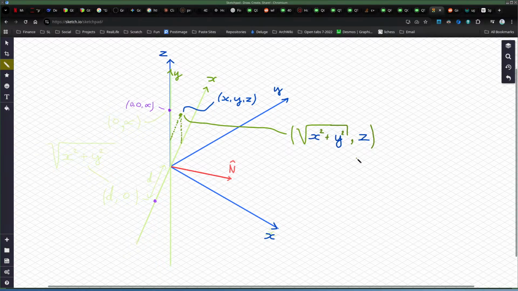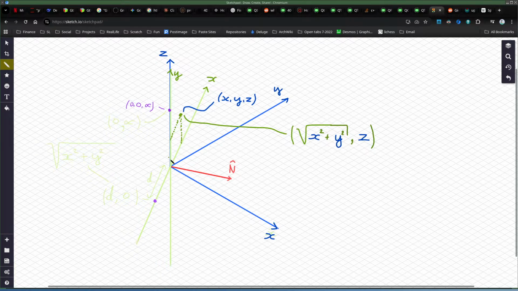And then a point in the xy plane, like this point, we want to have, let's say, in terms of distance, if you just rotate around n, this point gets there.